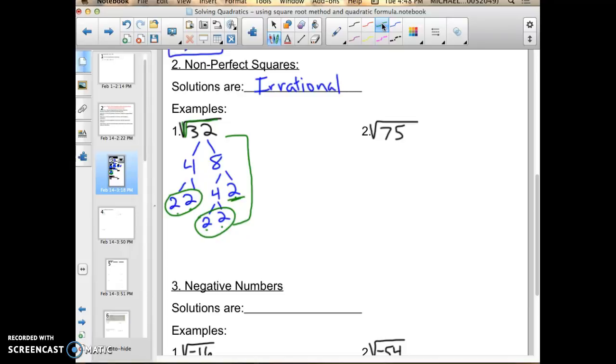When you come out of the radical, you stay just as the number itself. So there's a pair of 2s here. That comes out as one 2. This pair of 2s also comes out as another 2. And then what's left inside the radical is this single 2 that didn't have a partner.